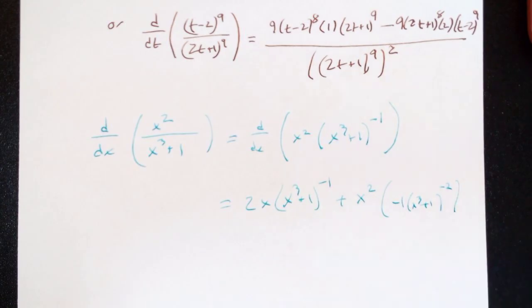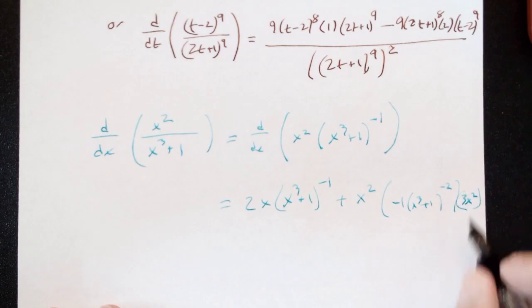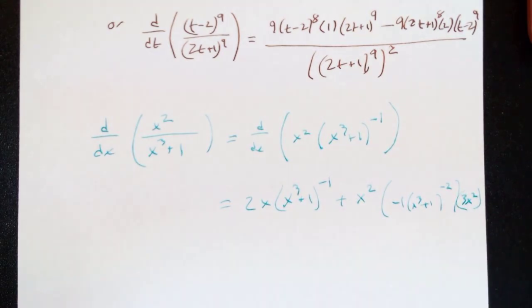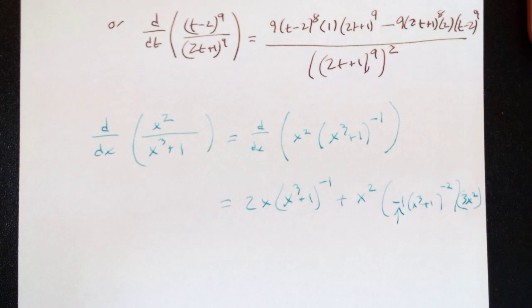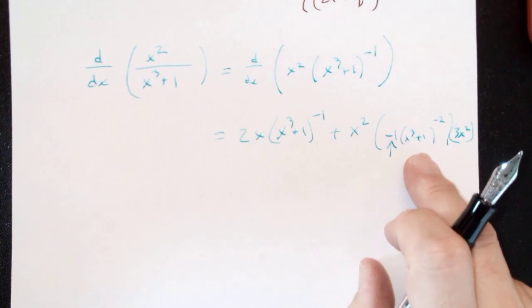But wait, there's more. Derivative of the inside. Hey, there's a subtraction right there. I'm about to do a little messy algebra. This piece is to a -2 power.